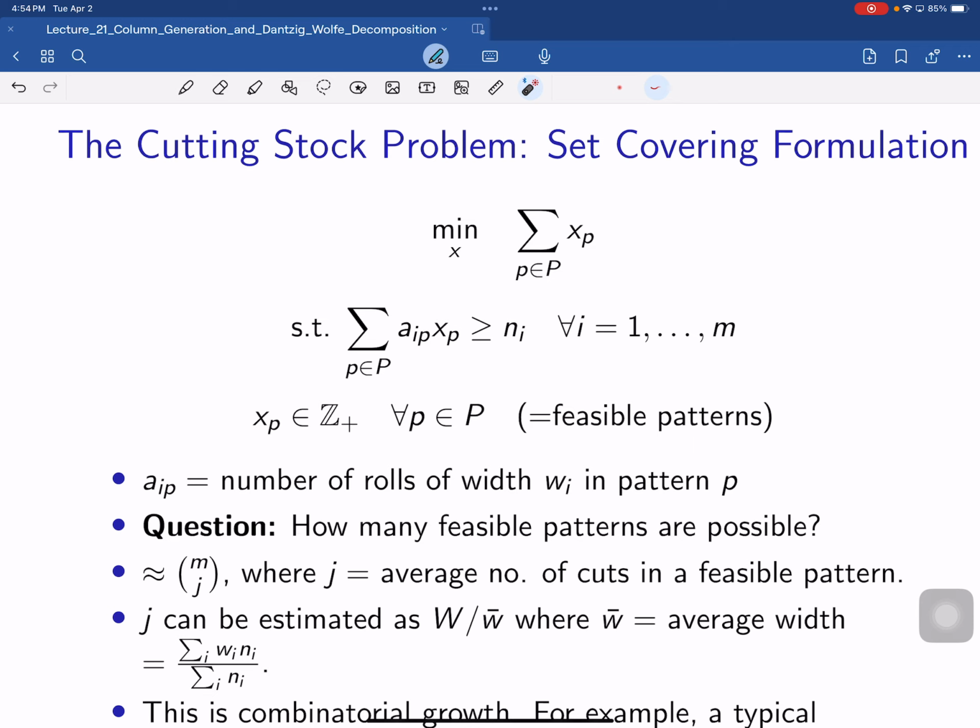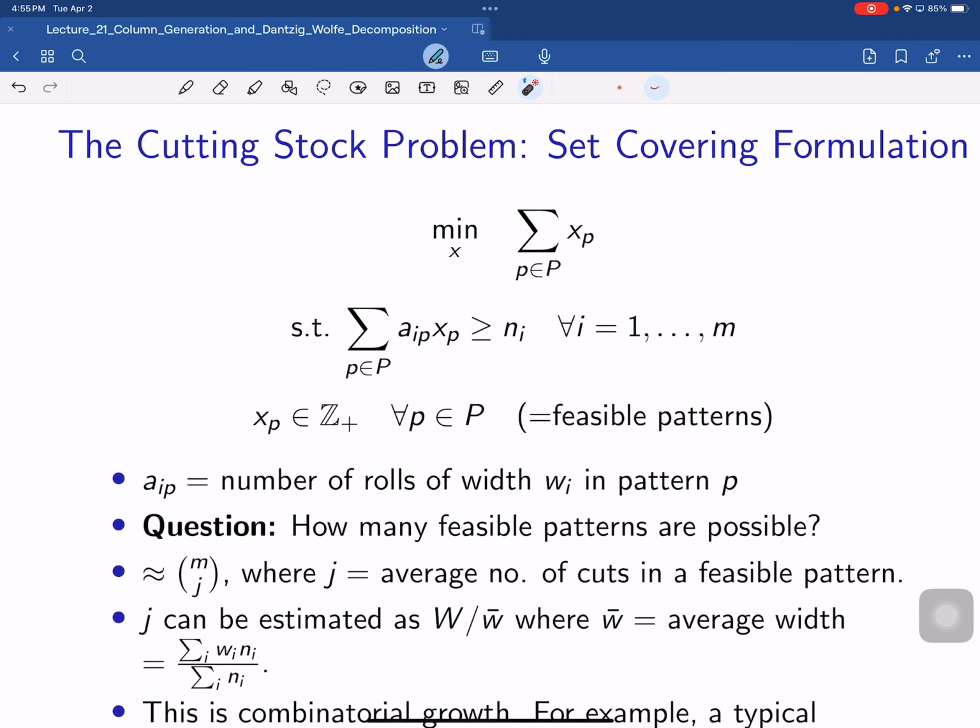And of course, if you consider using all the patterns, let's do a quick calculation of how many feasible patterns are possible. So let's do a very rough estimate. Let's suppose J is an average number of cuts in a feasible pattern. Usually, in the previous problem, J is a number like 3 or 4, right? So in each of the paper rows, you can get 3 or 4 cuts in a feasible pattern.